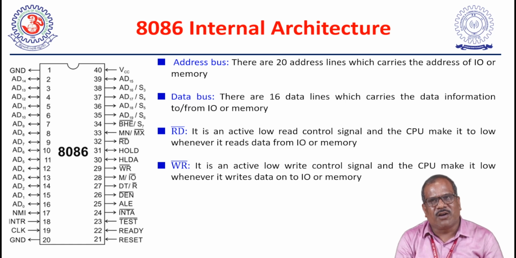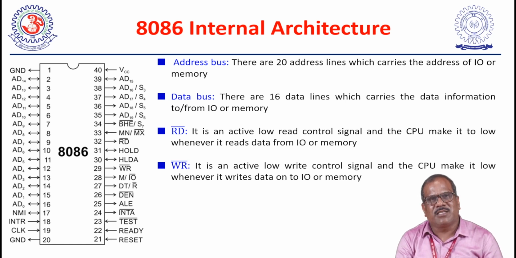So what is the function of the multiplexed address data lines? These complete 16 signals can be used for address as well as data purpose, but we cannot use them for both functions at a time. With the help of the control signal ALE, signal number 25, the multiplexed address and data lines are separated.